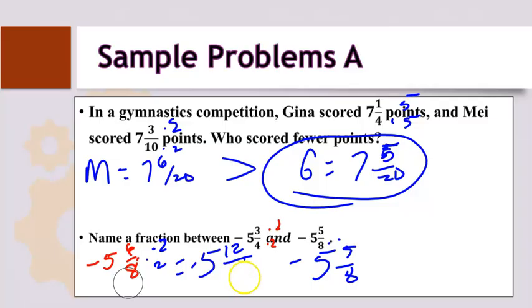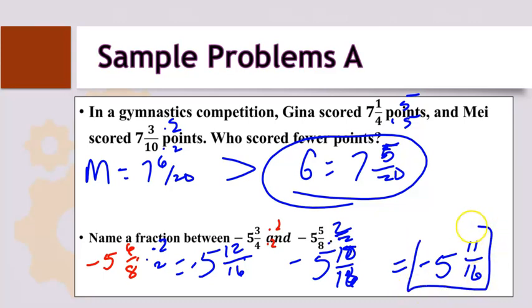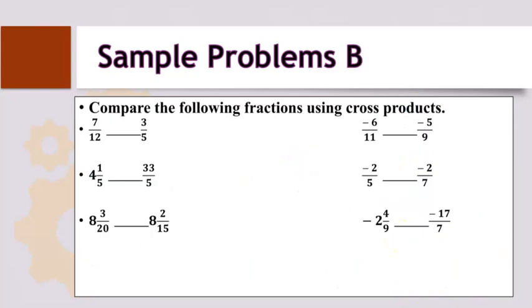I was thinking of something else. So this one was 6/8. So now if I multiply it by 2/2, so that's 16. Multiply this by 2/2, and that gives me 16. So 10/16. So between 10 and 12, I can find a number. So this would be -5 11/16 would be in between those two fractions.